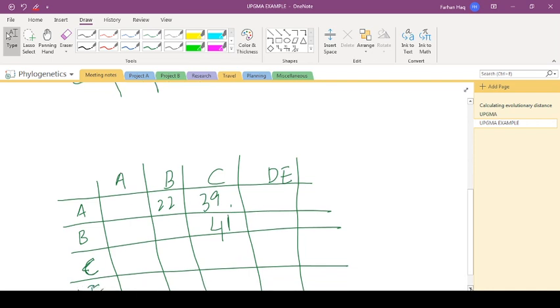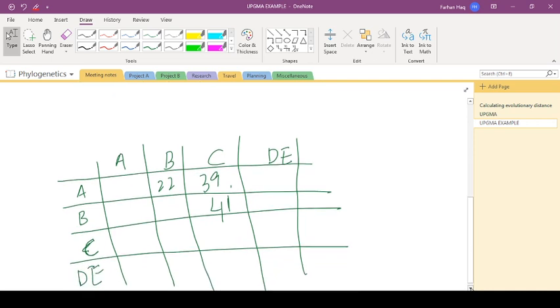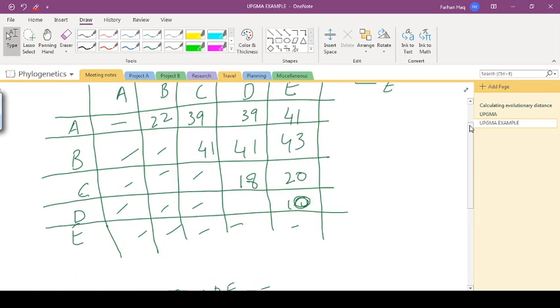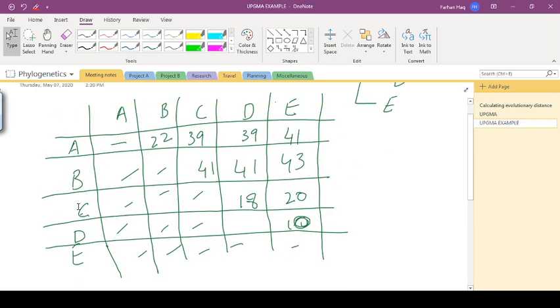Now we have to calculate the distance between B and DE, right? If you see in the previous matrix, the distance from B to D is 41. The distance from B to E is 43.